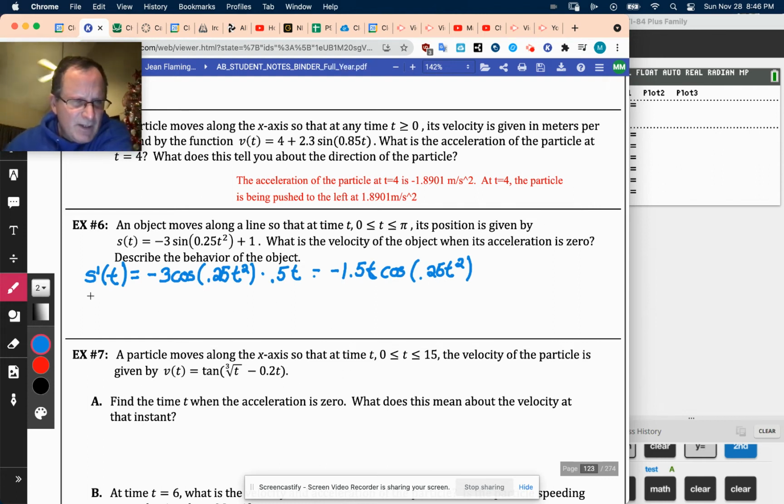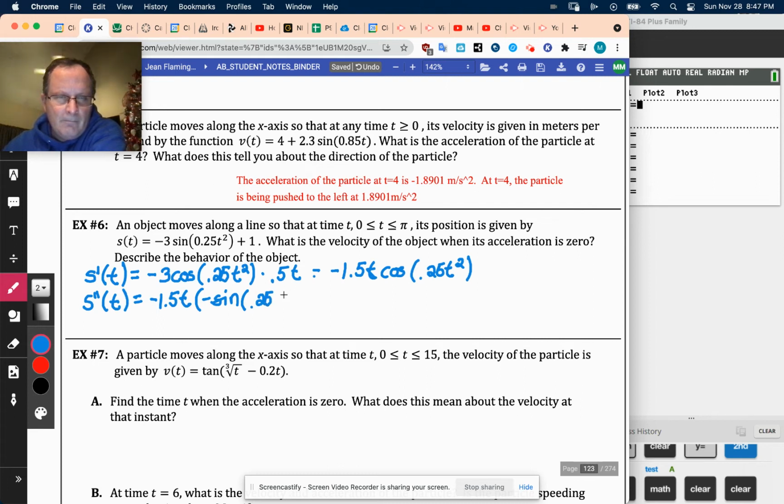All right, so the acceleration, S double prime. I'm just going to type it in just like this here in a second. It's going to be first negative 1.5 t, and the derivative of the second, which is the derivative of cosine, is negative sine, copy, chain rule, which is going to be, again, a 0.5 t.